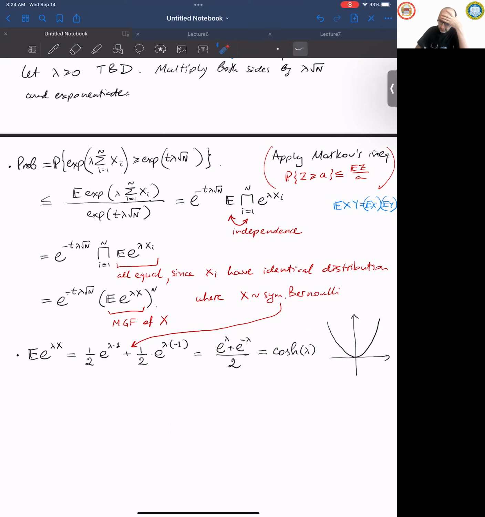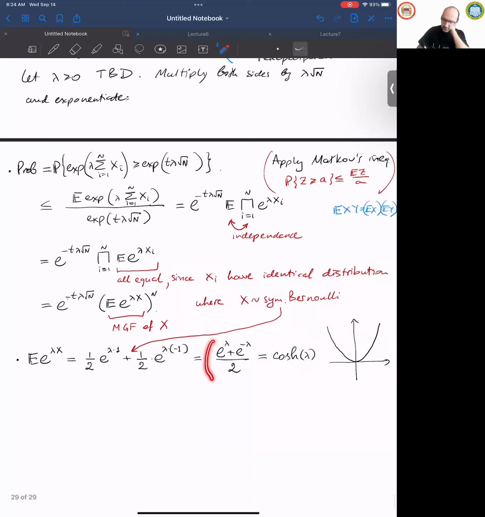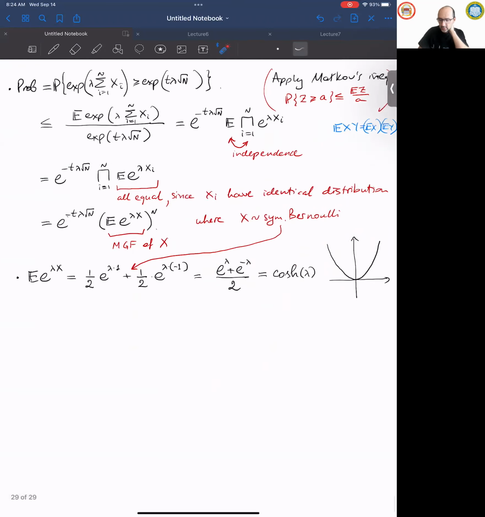All right, so this is that. And now let's see. So we have this hyperbolic cosine for each term, and then we raise it to the power n. So we'll have to deal with this to the power n in the next step. I could do it, I think, but it will be a big binomial expansion. We would like to avoid it. So what we would like to do is to bound the hyperbolic cosine by something like e to the something.